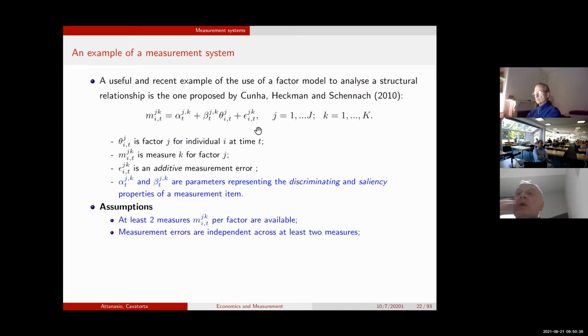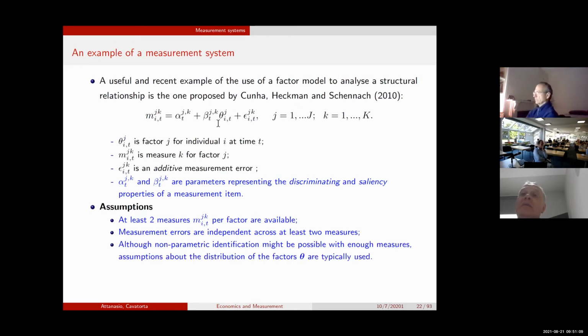Now, in order to identify the parameters of these models, you need assumptions, and assumptions about the data availability. One assumption you need is that you need at least two measures per factor. And the intuition is obvious. By averaging two measures, if the measurement error is independent across at least two measures, you average out the measurement error, and so you can isolate the theta.